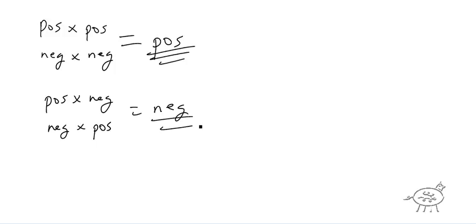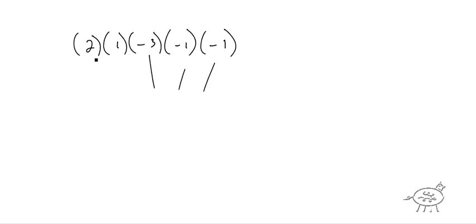All right? Pretty easy. So if I gave you something like this, 2 times 1 times negative 3 times negative 1 times negative 1. You should look at this and say, well, I've got 3 negatives, and if it's an odd amount of negatives, it's going to go back to negative.